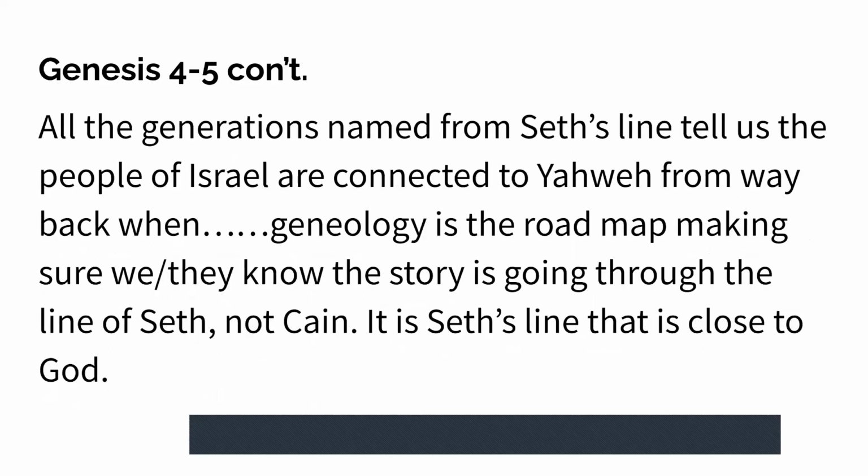So all the generations named from Seth's line tell us that the people of Israel are connected to Yahweh from way back when. The genealogy is really a roadmap, making sure that we, or the people who are hearing the story in ancient times, know that the story is going to go on through the line of Seth and not Cain. So it is Seth's line of ancestry that is close and remains close to God.